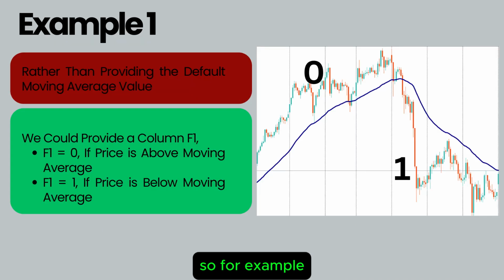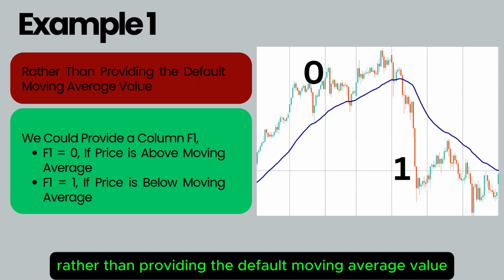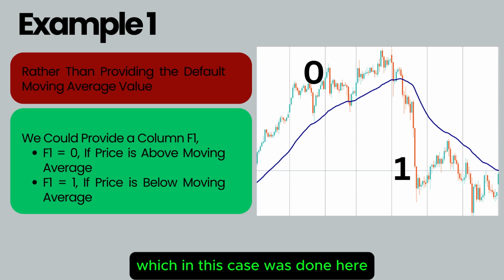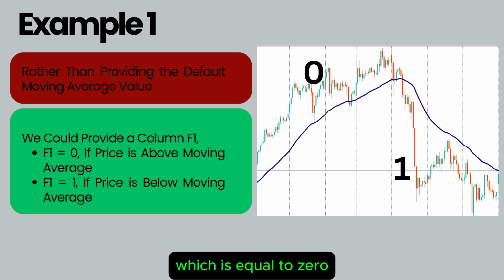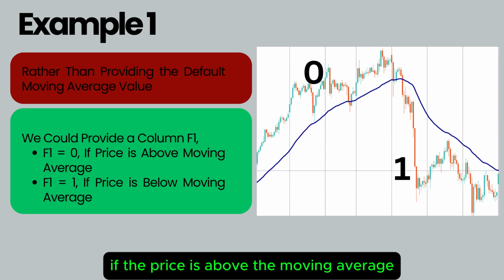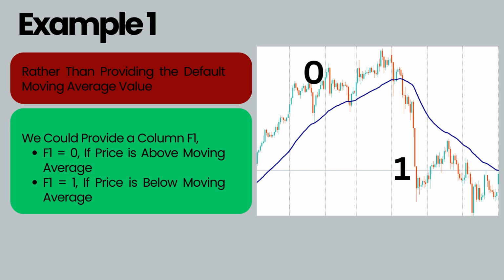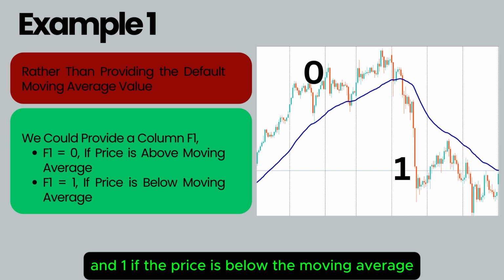So for example, rather than providing the default moving average value, which in this case was done here, we could provide a column F1 which is equal to 0 if the price is above the moving average, and 1 if the price is below the moving average.